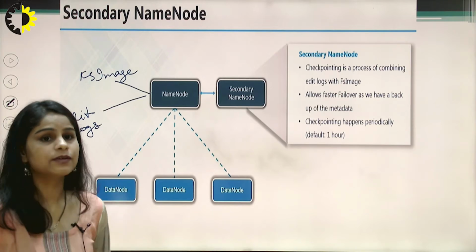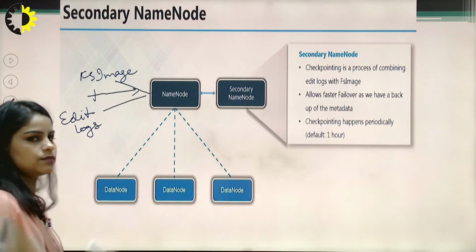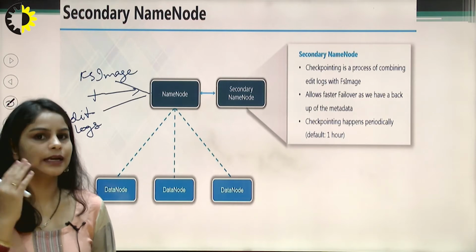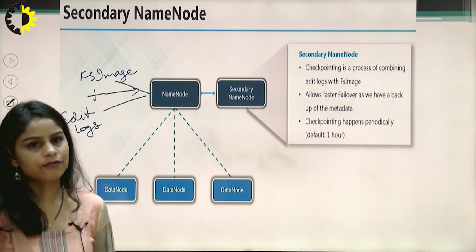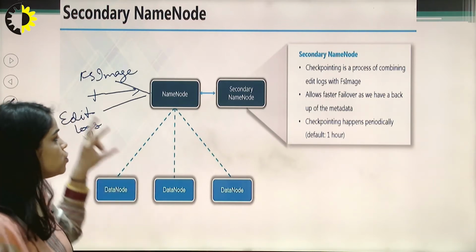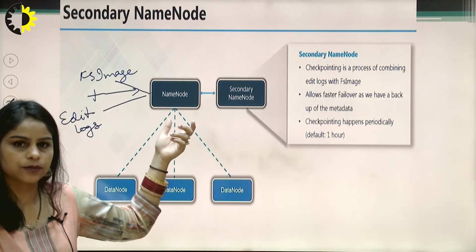These FS image and edit log combine to form the name node. All the information about the data blocks that are being stored on data nodes is present in FS image as well as edit logs. And with the help of these two components, name node works as master node.